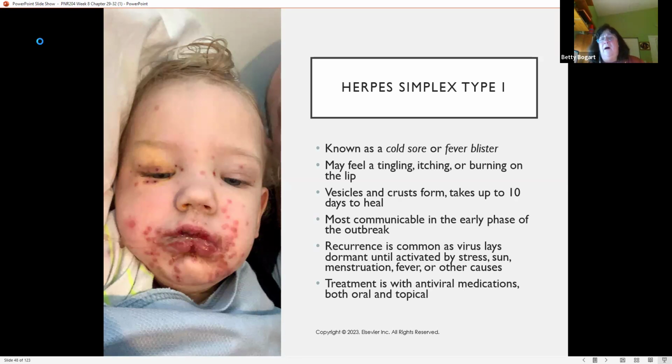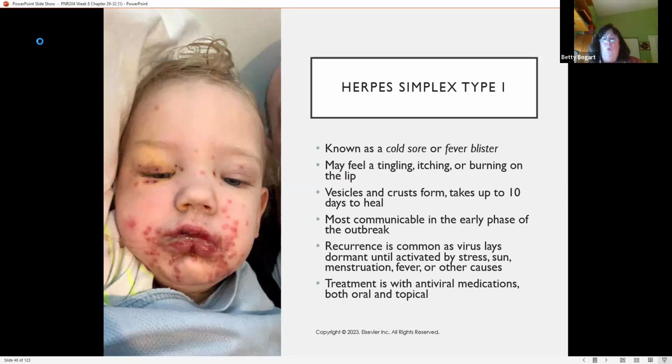Well, maybe mom had it, and at delivery she passed it. She could have had perineal herpes, right? And she could be active at the time, didn't tell anybody, and it can be passed to children like that. Or she had it, doesn't wash her hands, and again, passed it on to the infant.